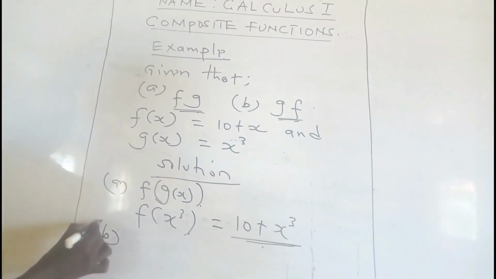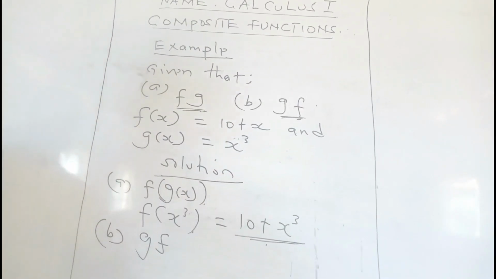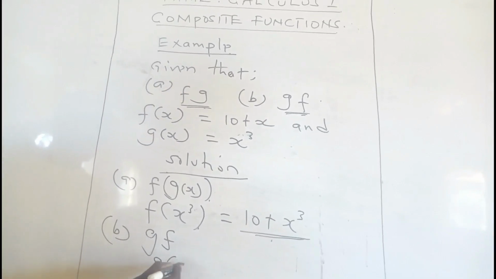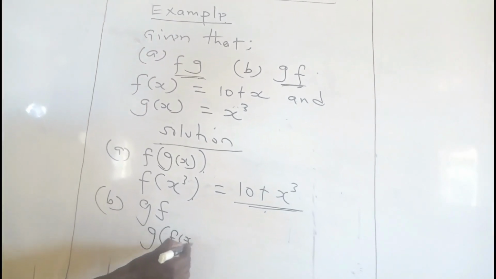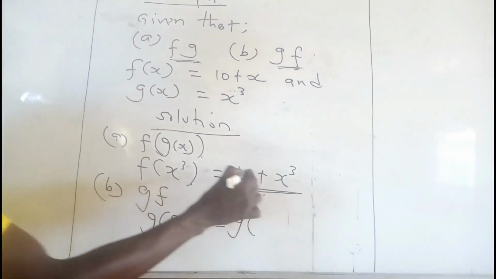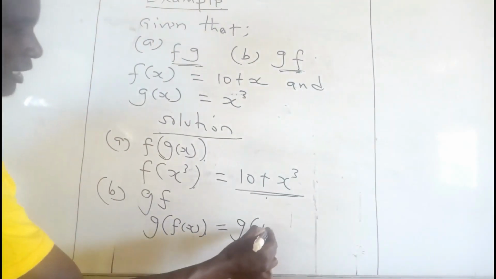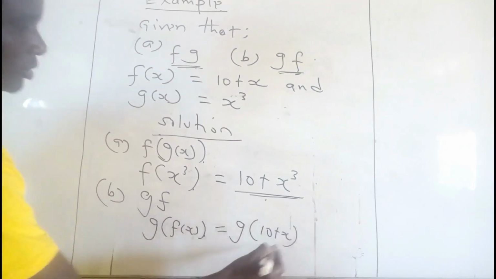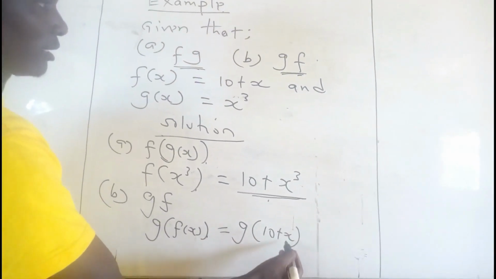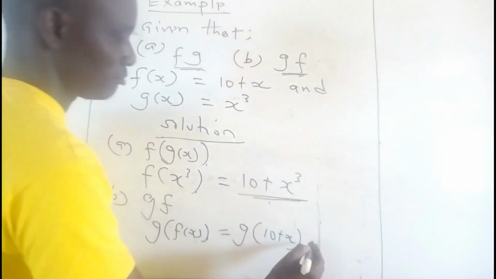Then for part B, I'll have g of f, which means you plug in f of x into g. Our f of x here is 10 plus x. So where there is x, we put 10 plus x, and then our g is x cubed.